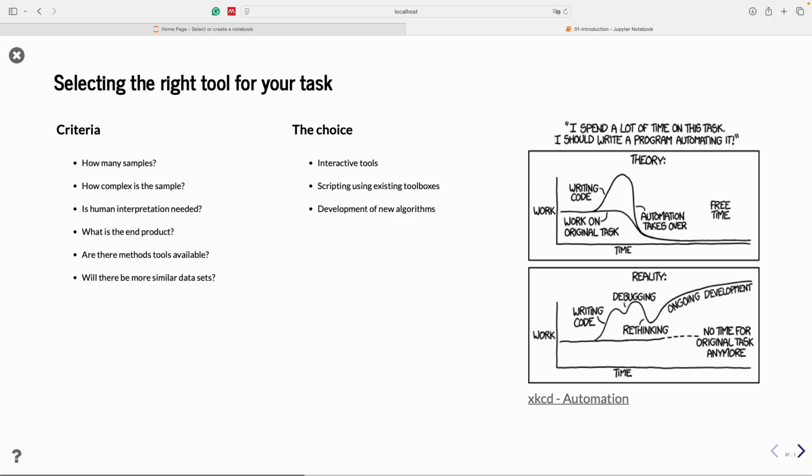If someone already coded it, it's hopefully already validated that the code is doing what it's expected to do. And in the last case, you may have to develop new algorithms. And I would say, think twice or even three times before you start this, because that is a hole where you can spend a lot of time.